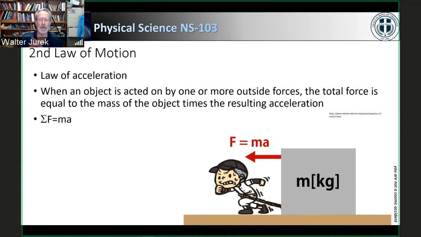And it stands for summation. So it's saying, what that last bullet says, the sum of all the forces. Sigma is like our capital letter S. Sigma F, so sum of the forces equals ma, mass times acceleration.